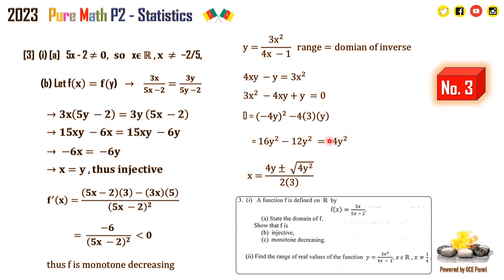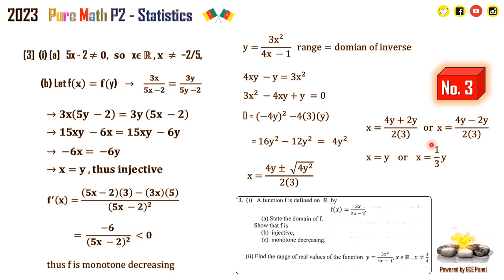And this discriminant is 4y squared. So the square root of 4y squared, all that on 2a. Our a here is 3. So this will further give us x to be equal to 4y plus 2y, because the square root of 4y squared is 2y, all on 2 times 3, or x equals 4y minus 2y on 2 times 3.